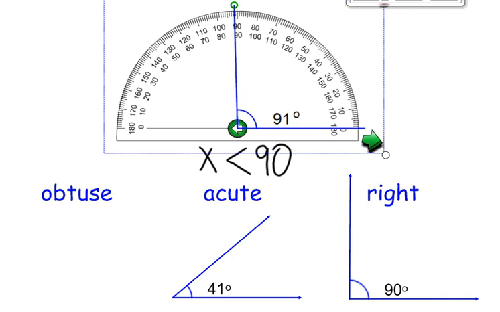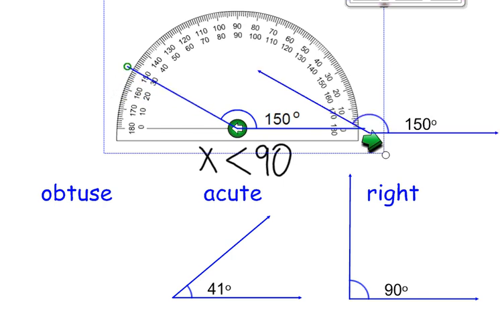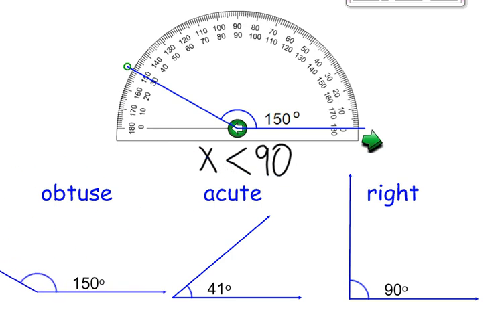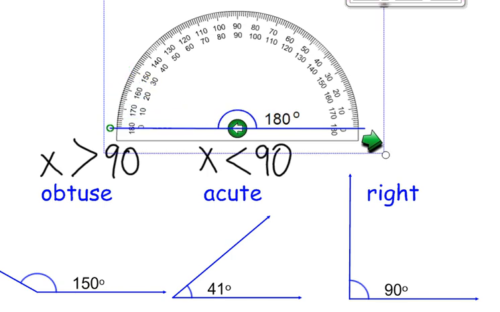So anywhere from 91 all the way up to 179 is going to give us an obtuse angle. I misspoke there. So I'm making an obtuse angle there, and it's kind of off the screen now, but you understand. And remember that the angle is going to be greater than 90. Okay. Then the last thing we can look at and talk about is this one right here.